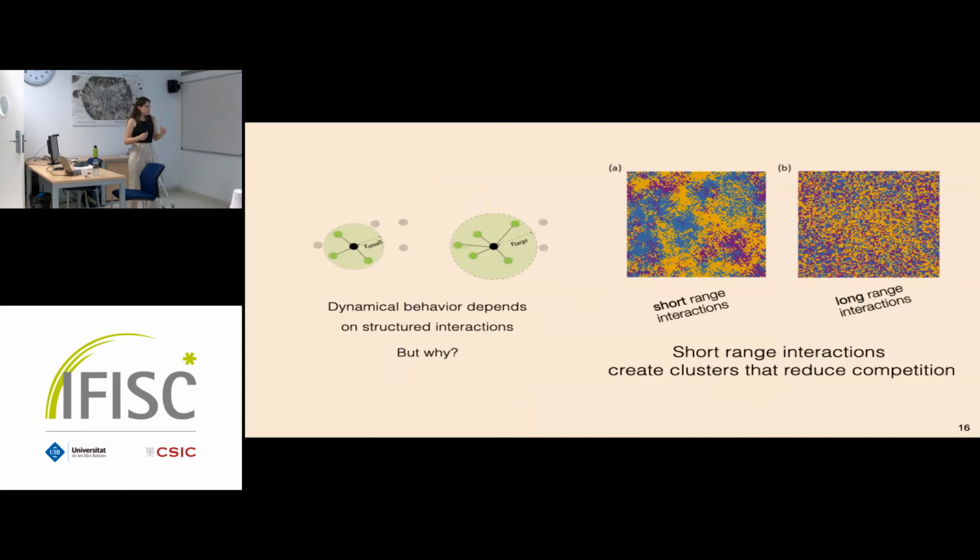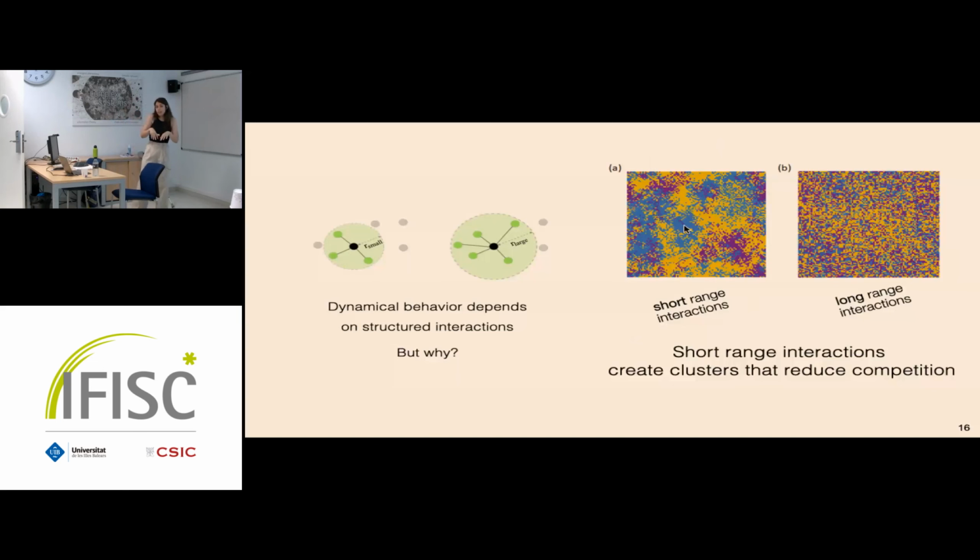In order to answer this question, we look at the whole ecosystems. Here we have the lattice for short range and long range interaction. We saw that just in the case of short range interactions, monospecific clusters appeared, which are patches where you have just one species.